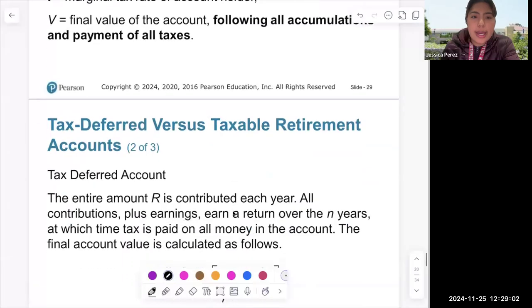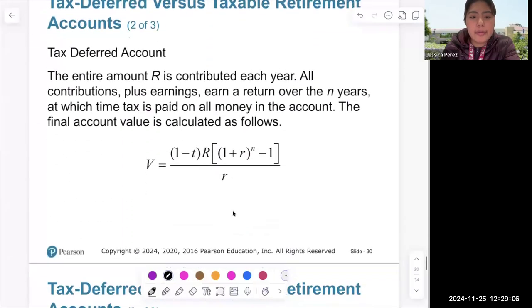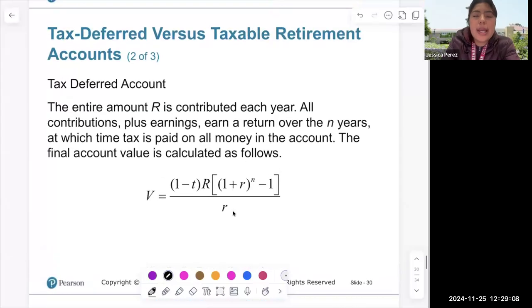Now, the tax deferred versus the taxable account. Look at the following formulas. They're different. In the tax deferred account, the entire amount R is contributed each year. All the contributions earn a return over N years, at which time tax is paid on all money in the account. The final account value is calculated as follows.